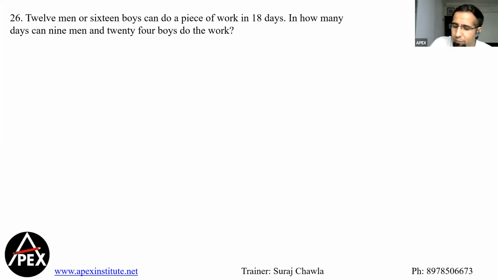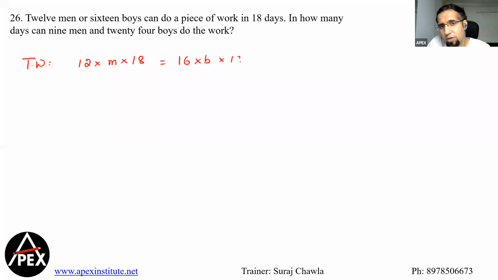Let's do it together. 12 men or 16 boys. Now, this is where the game changes. If 12 men are working, they take 18 days to complete the job. Or if 16 boys are working, they also take 18 days to complete the job. M is the amount of work done by a man and B is the amount of work done by a boy in one day.